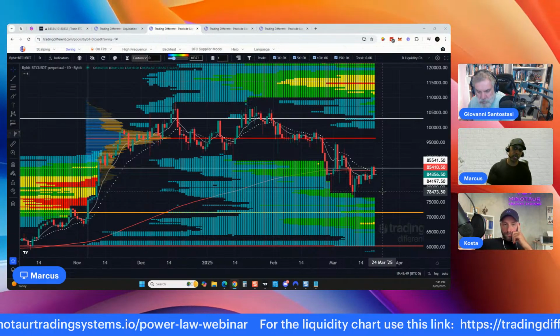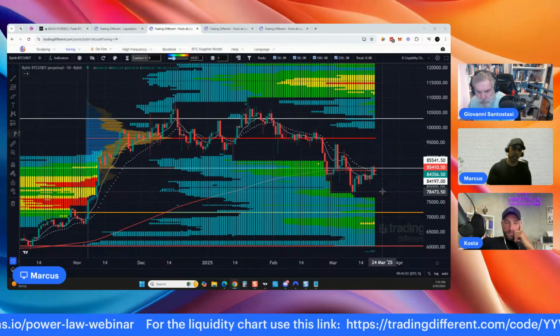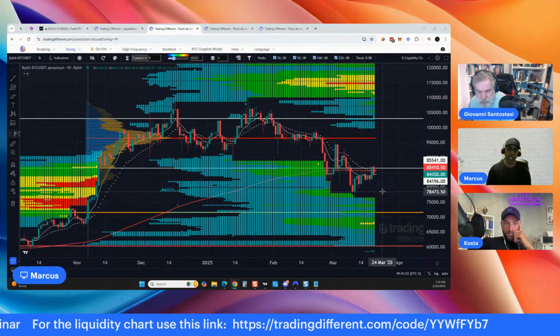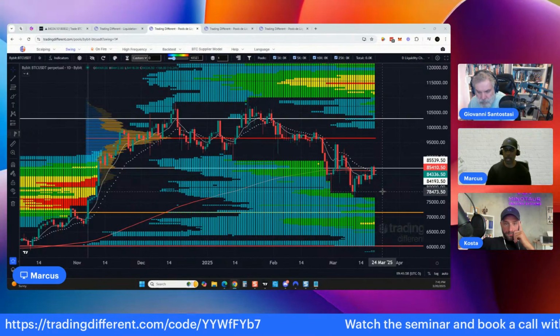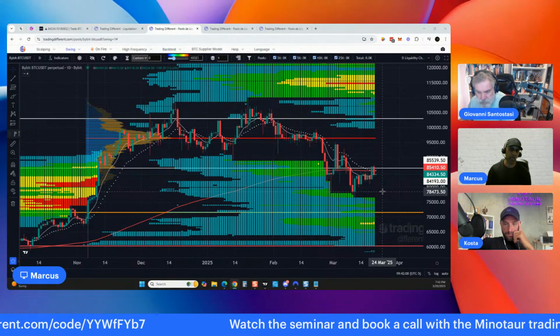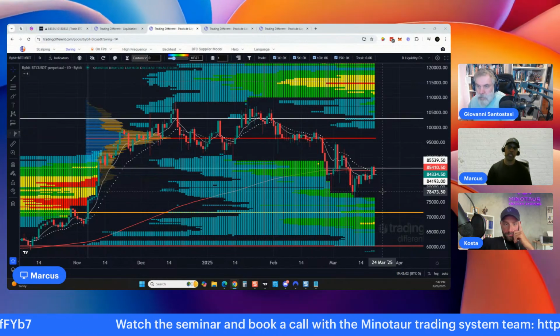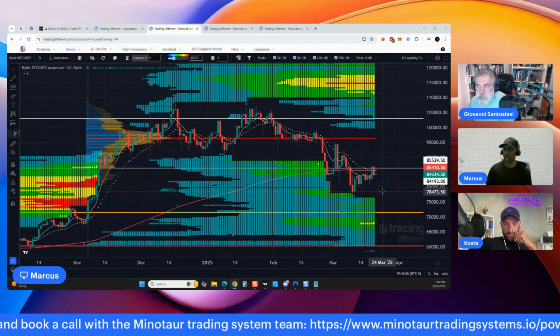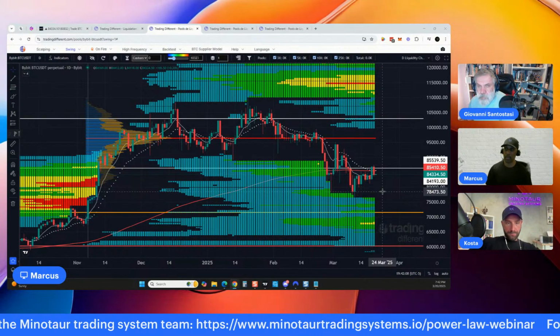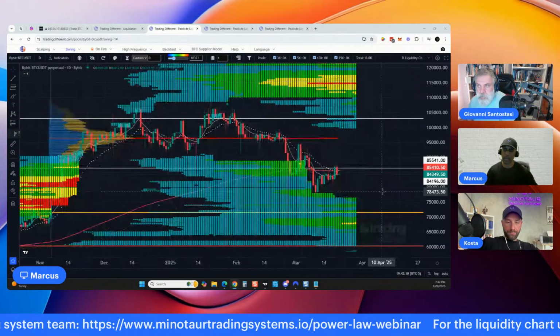So price discovery initiates first in the futures market or the derivatives market, because that's where the leverage is at. And leverage is a magnet, or it moves price first. So this heat map that you see is looking at the perpetual futures market from Bybit. So it's where price discovery occurs first.